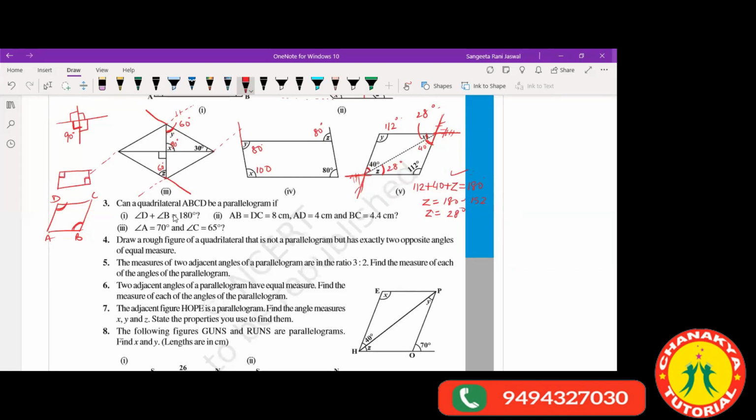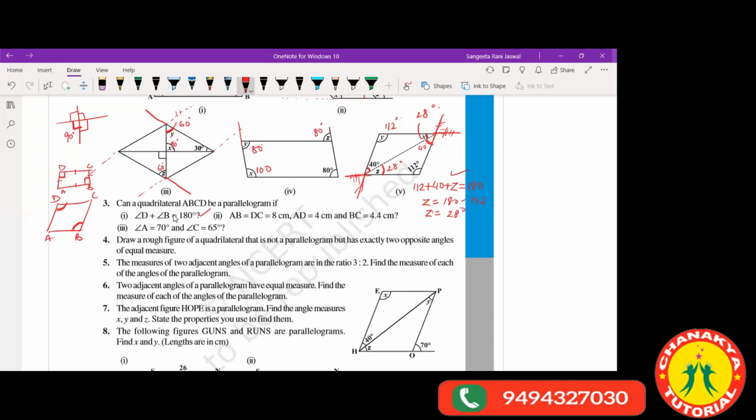So D plus B can be 180. A pair of opposite sides are equal and parallel, so a rectangle is a special kind of parallelogram.